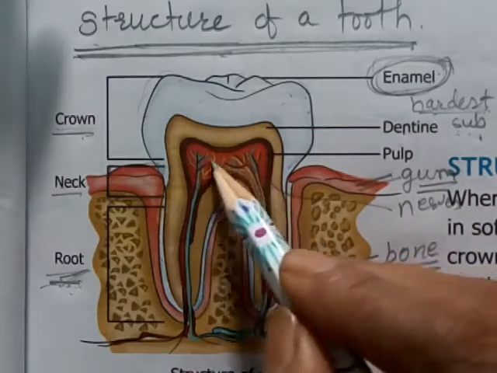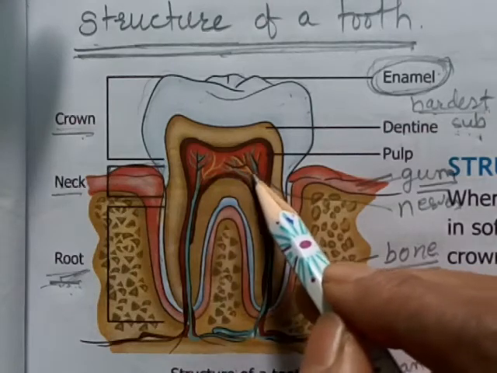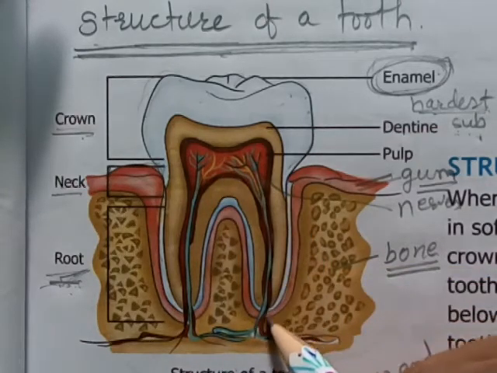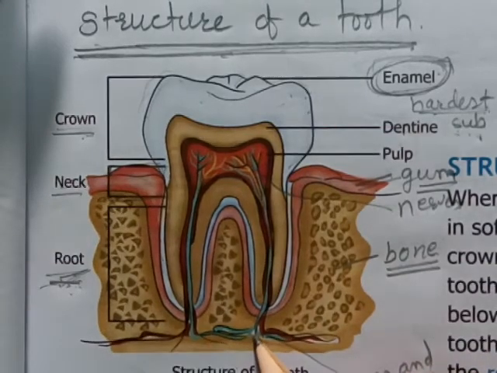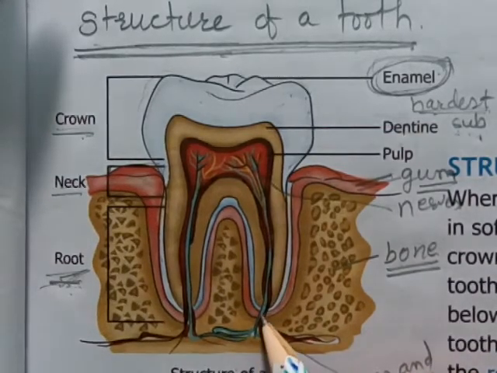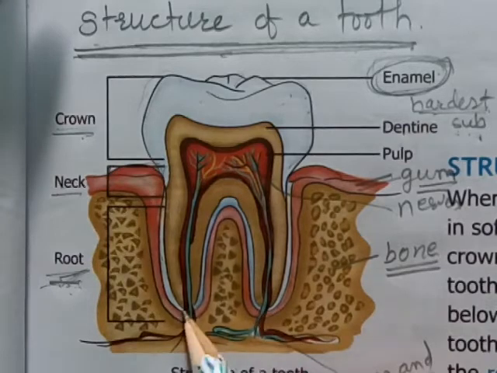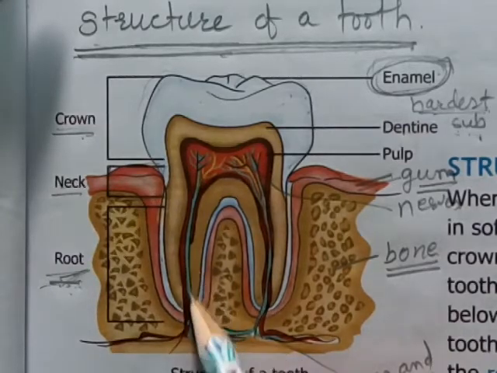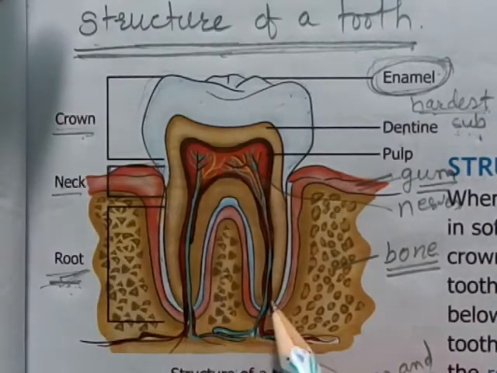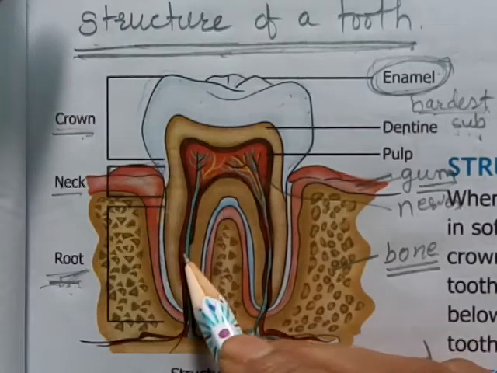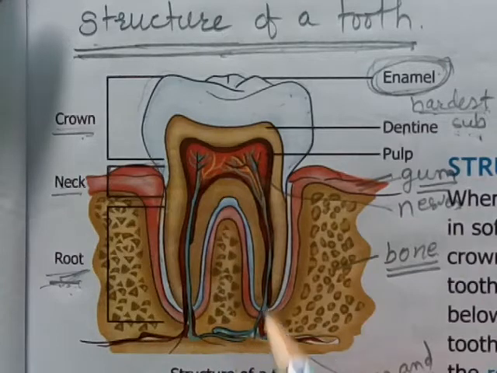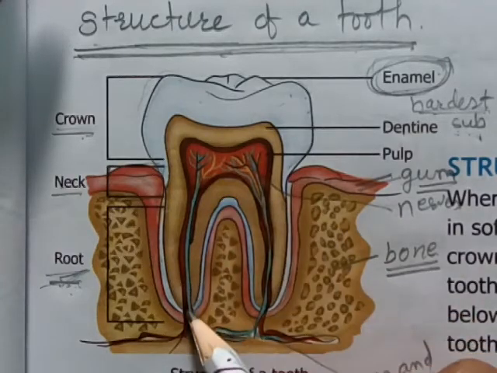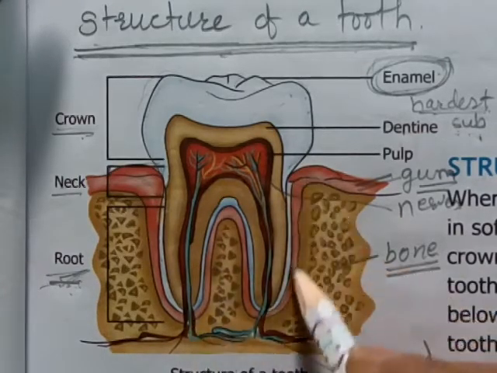These blood vessels and nerves are connected to the root of the tooth. Here there is one hole, and here also holes are there, and through these holes of the roots, the nerves and blood vessels connect to the gums.